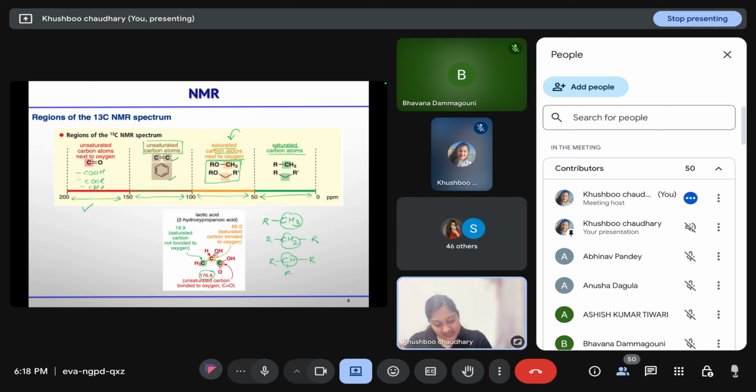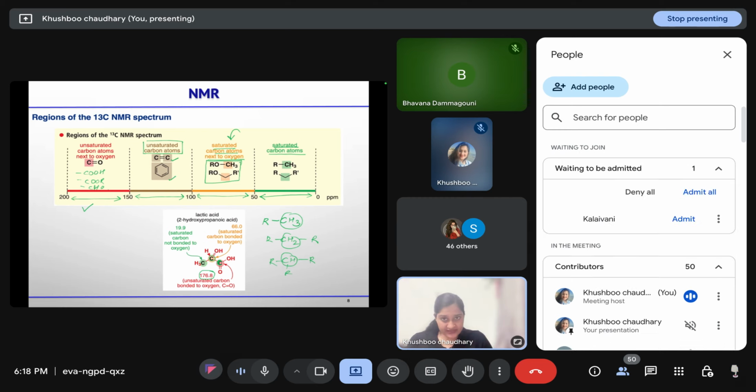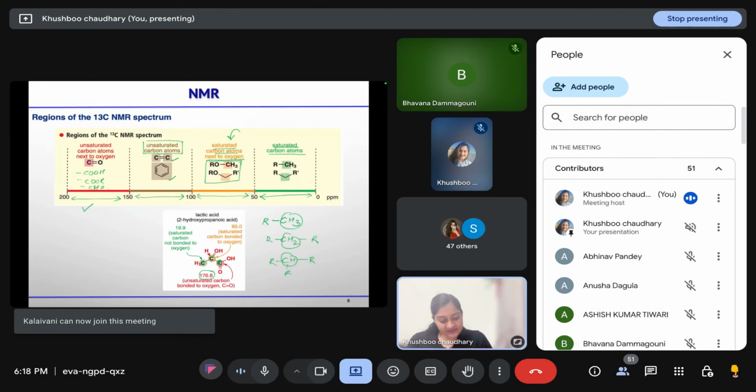Then the next carbon, that is saturated and attached to the oxygen atom, its delta value is 66. It lies between 50 to 100. Then the CH3, that is saturated and is not attached to any heteroatom, has a delta value of 19.9.